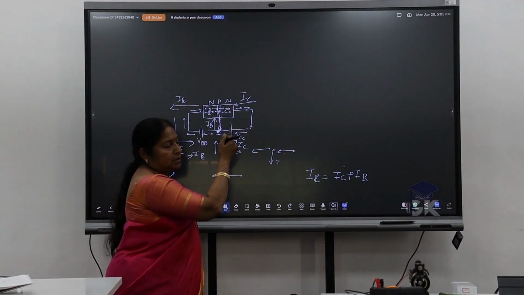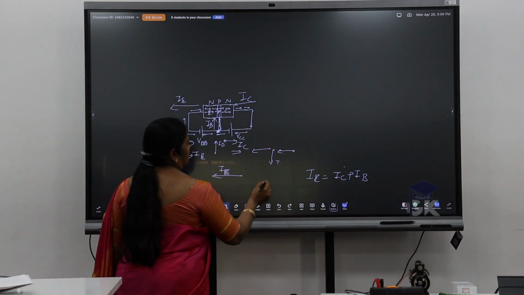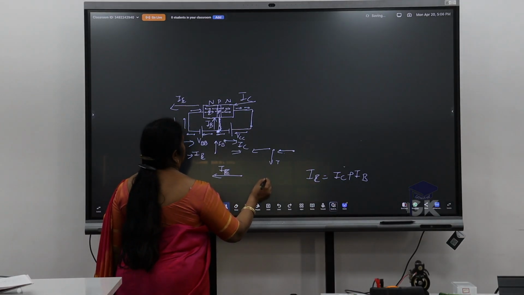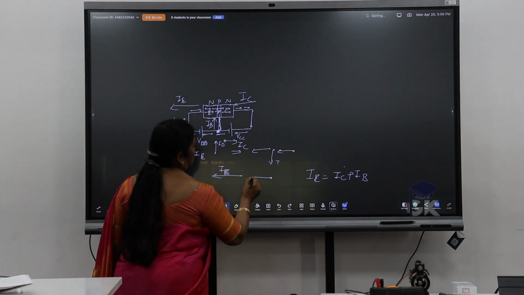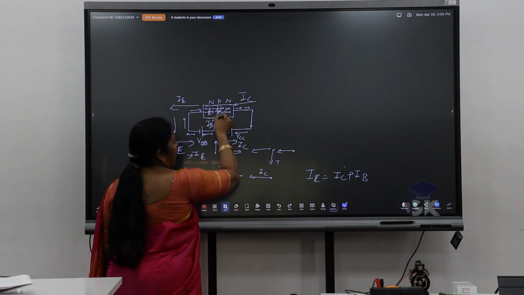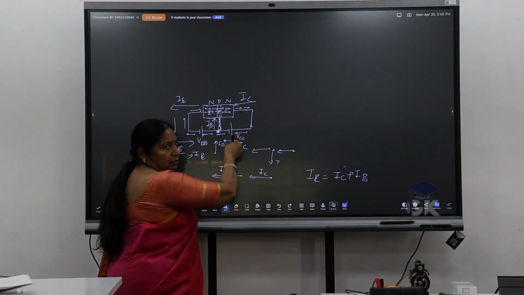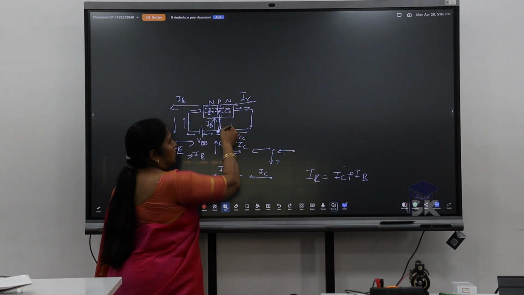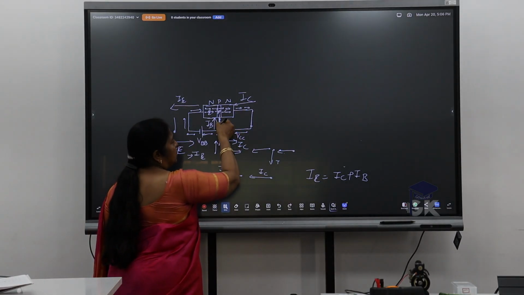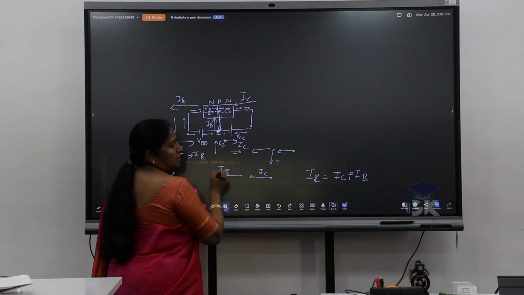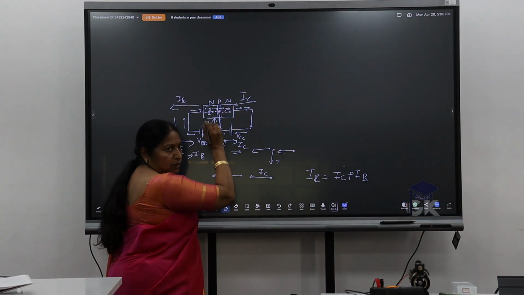What is the current direction? Towards. And here charges are away from the base, junction, or I can say away from the base and towards the junction. So I can say that current is towards the base.